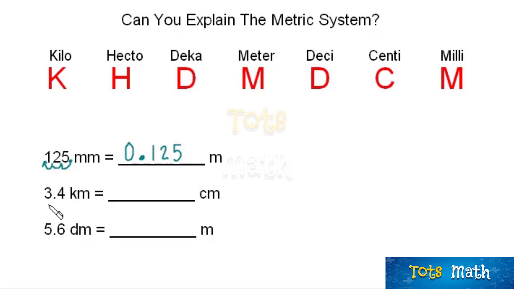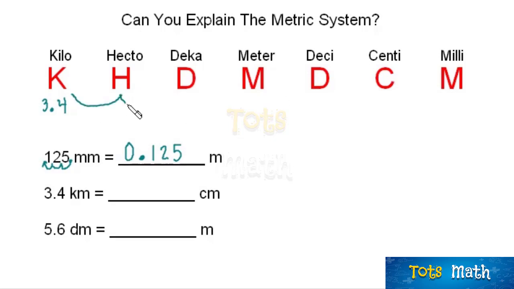Let's take a look at the second problem. This time we're changing kilometers to centimeters. So we're going from a large unit of measure to a much smaller unit of measure. So how many centimeters will equal 3.4 kilometers? Well, let's find out how many jumps we have to make to go from kilometers to centimeters.